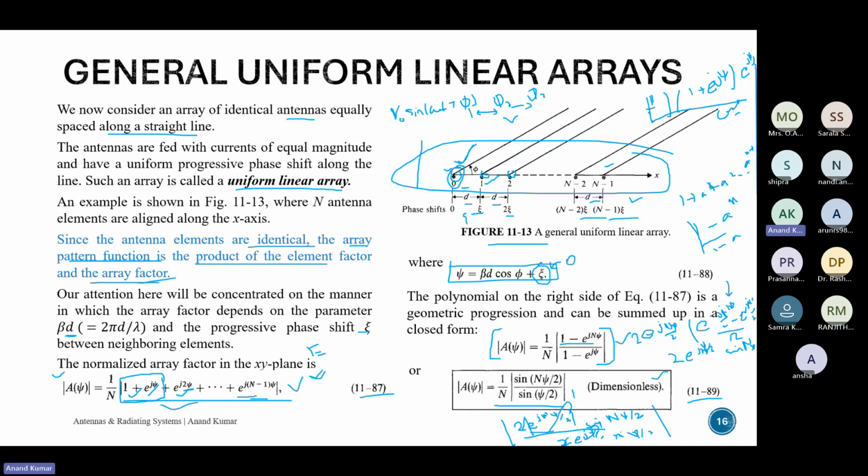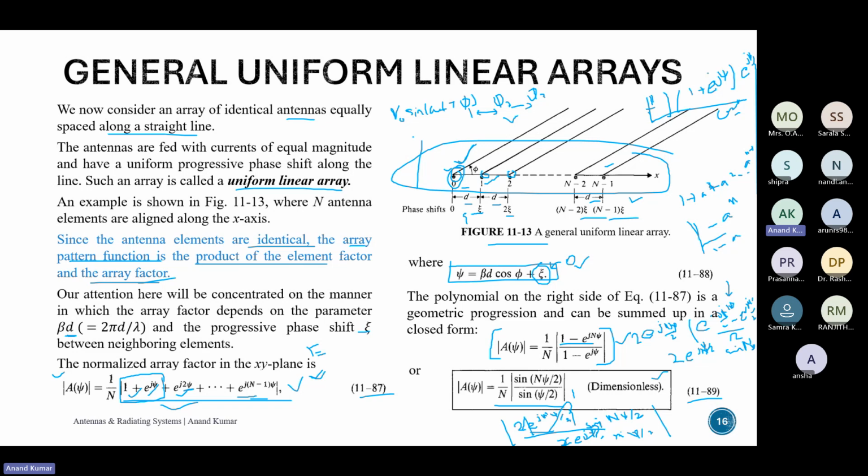There are no such standard values. Usually what we've seen is that for broadside radiation this is 0, and for end fire there is some constant xi, and this could be different for different array formations.